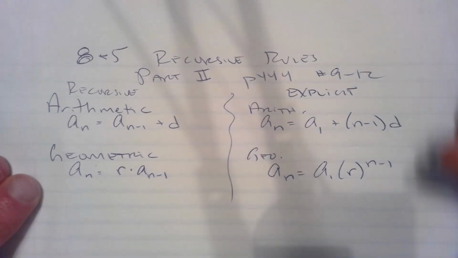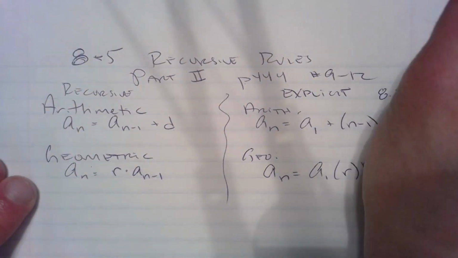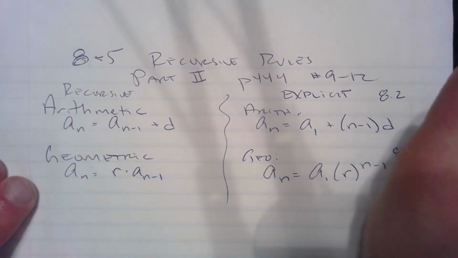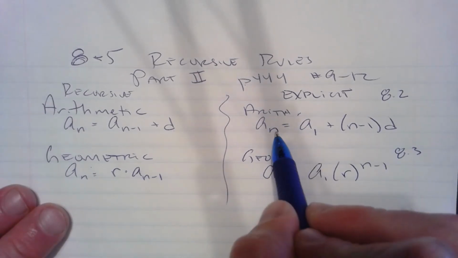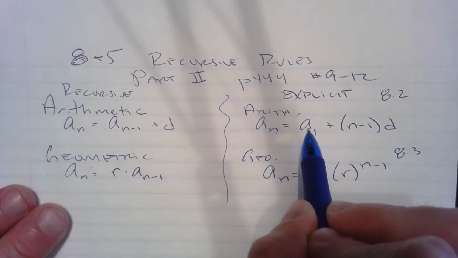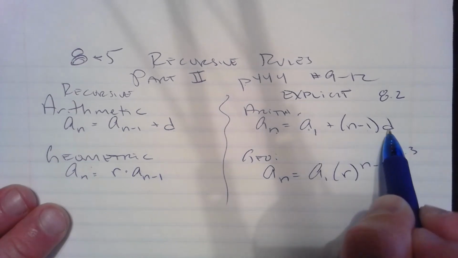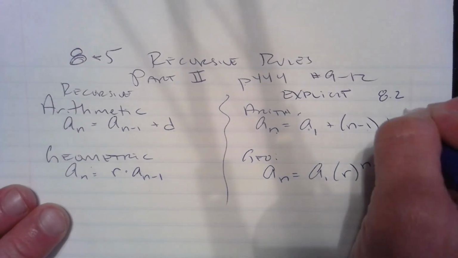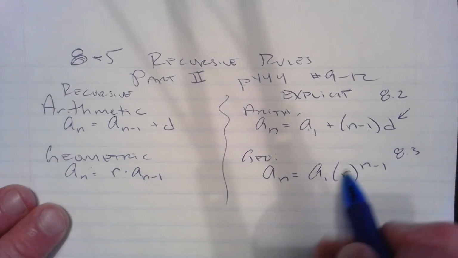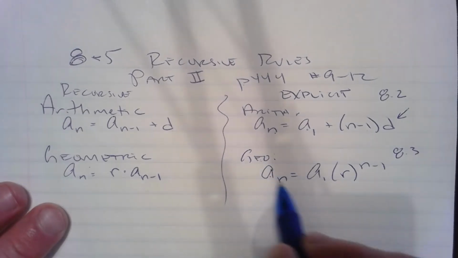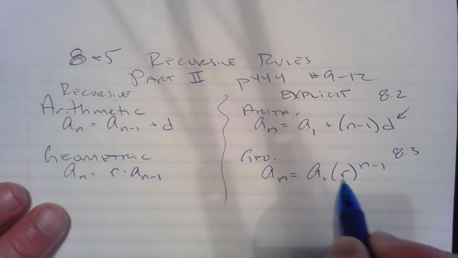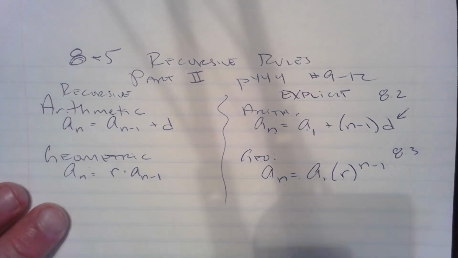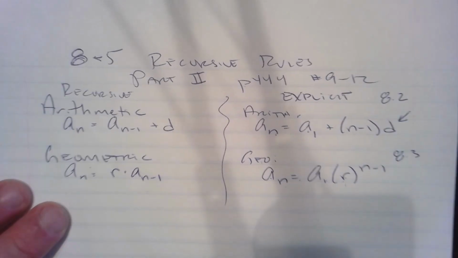And if you think back to 8-2 and 8-3, if it's an arithmetic sequence, the next number is the first term plus n minus 1 times the common difference. This was our slope. It looked like a slope. And if it was geometric, the next number is the first term times the common ratio, which is our base, to the exponent n minus 1. Common ratio is our base.